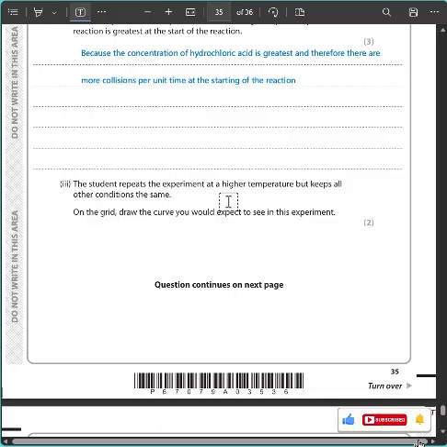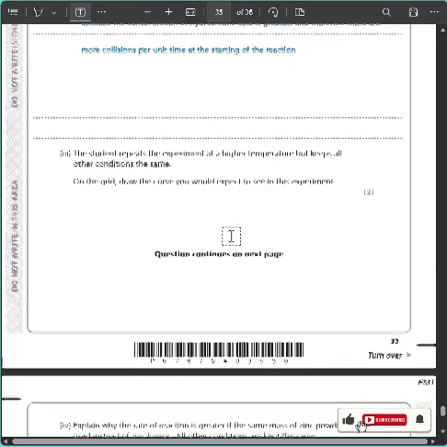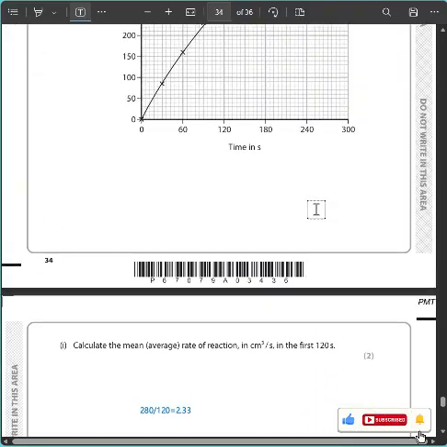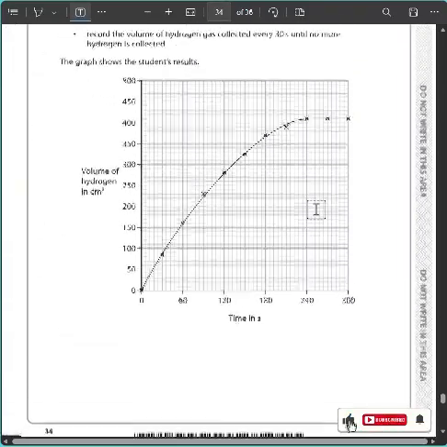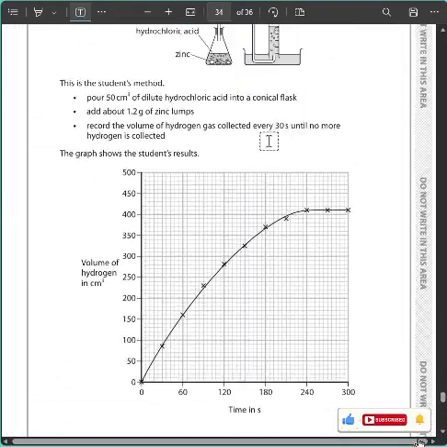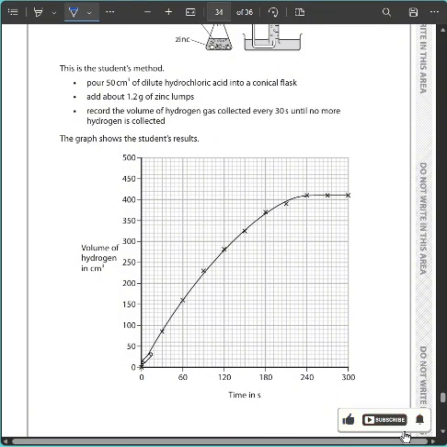The student repeats the experiment at a higher temperature but keeps all other conditions the same. On the graph, draw the curve you would expect to see for this experiment. Okay, if it is a higher temperature, the reaction will be faster.